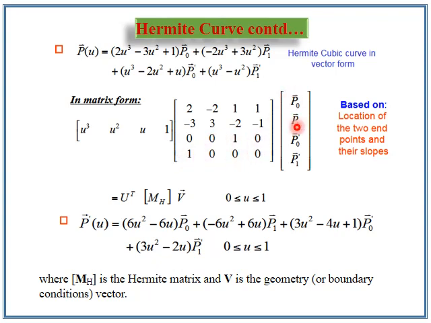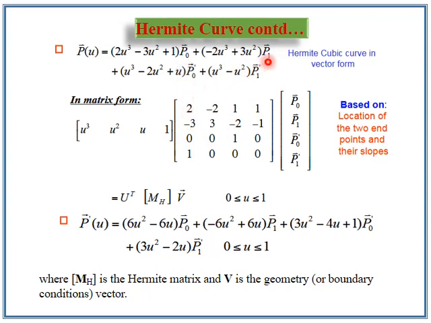So p0, p1, and the derivatives of p0 and p1 will be p0 dash and p1 dash. So for the p0 equation, u power 3, what will be the coefficient? 2, and then u power 2, minus 2, and then constant coefficient 1.